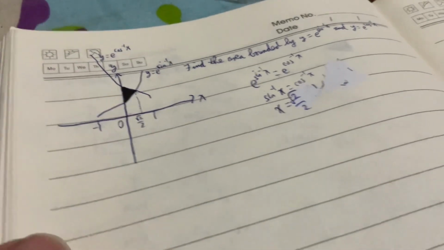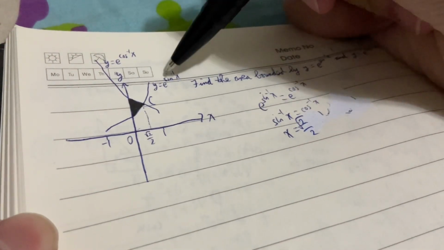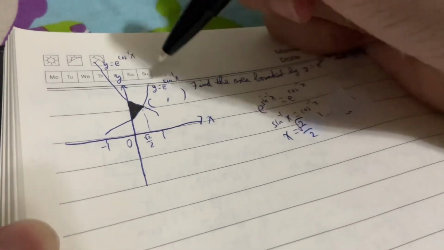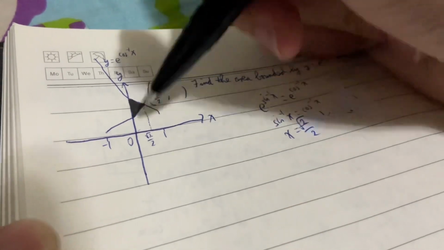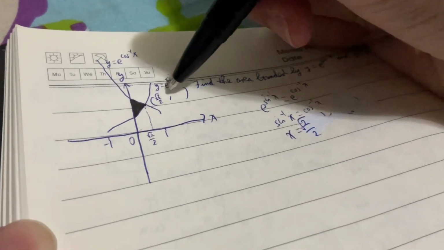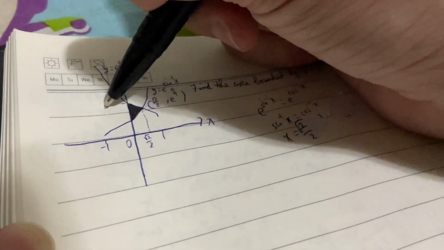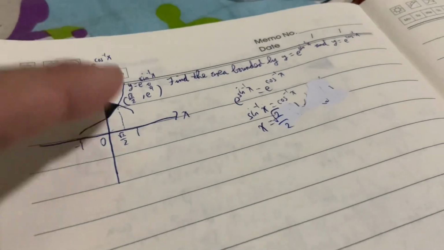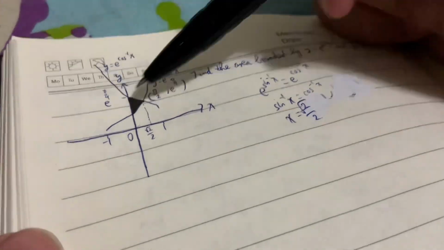We can also find the coordinates of this point. You just need to put the x value inside, and you get e to the power of pi over 4, for both curves. But it doesn't matter; the area we're going to find is just this.